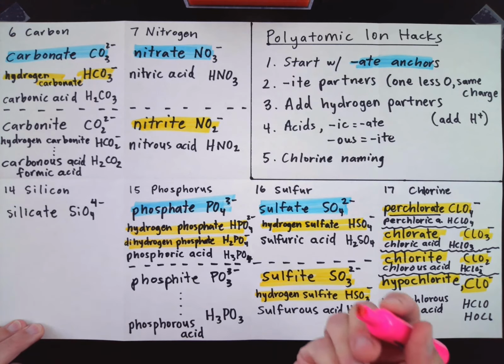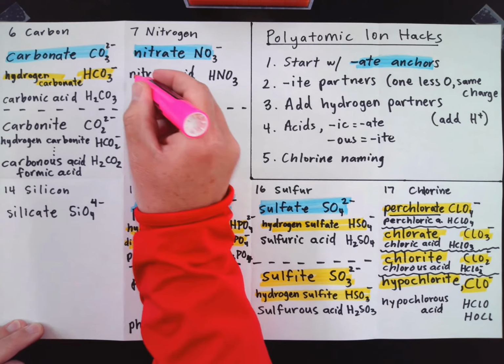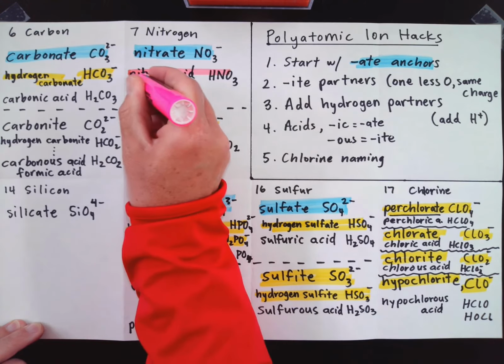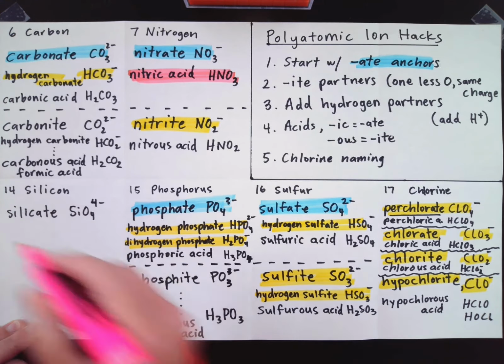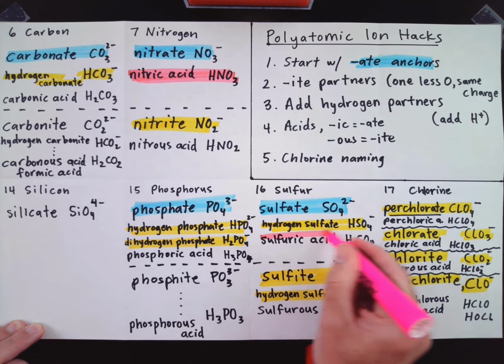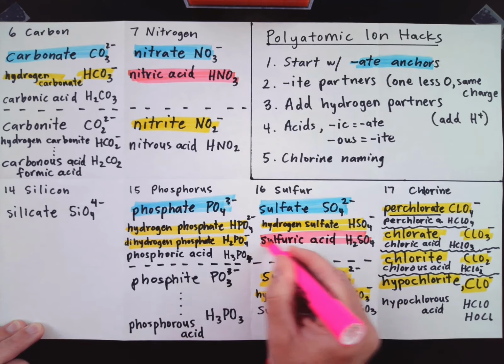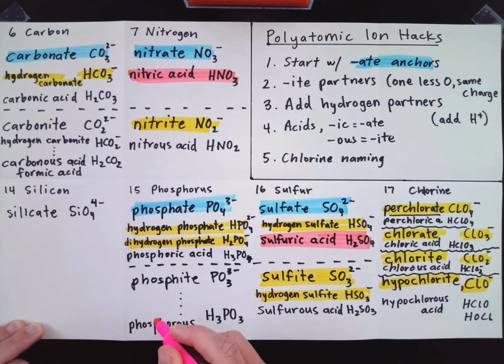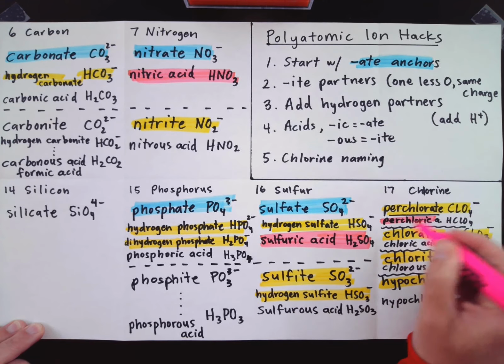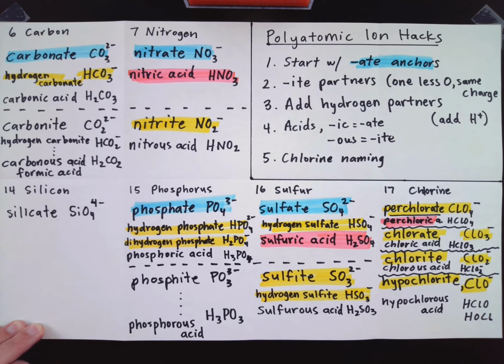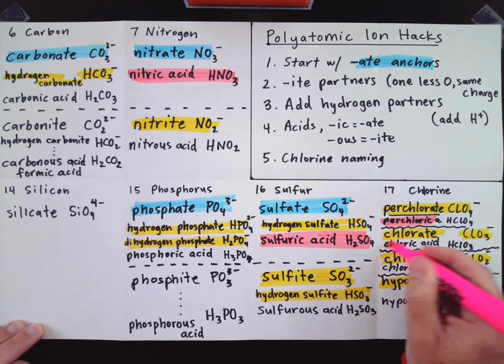Your most common acids that you're going to come across in introductory chemistry would be nitric, sulfuric, I would say perchloric is pretty common. I'll go ahead and highlight the rest.